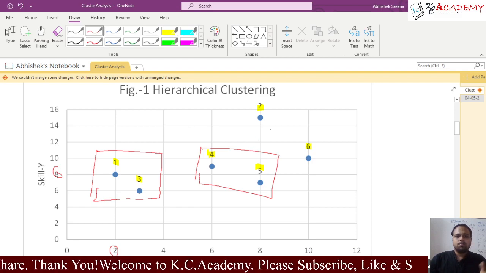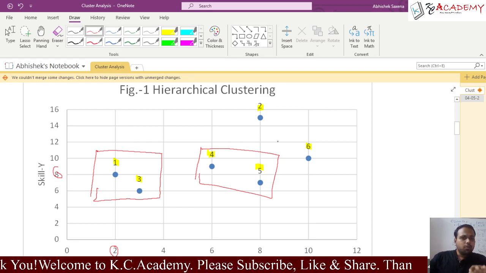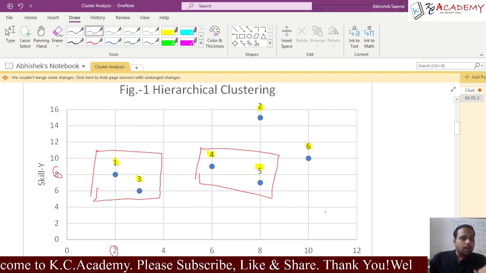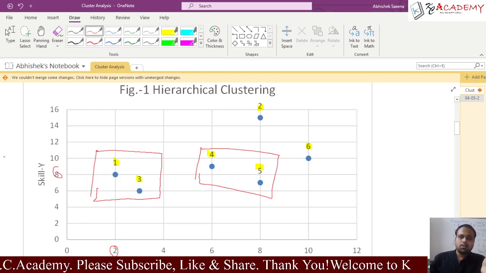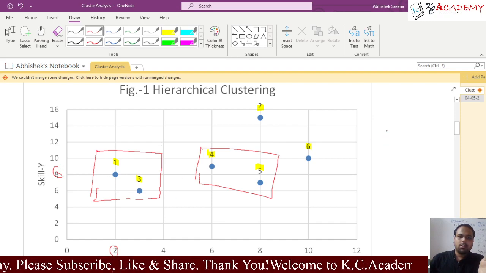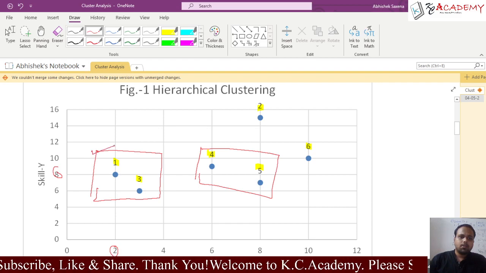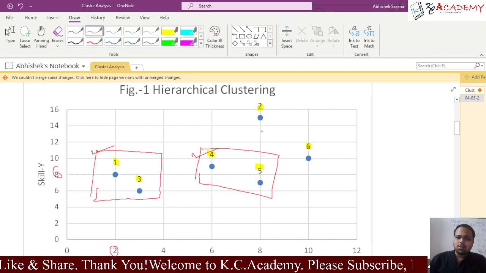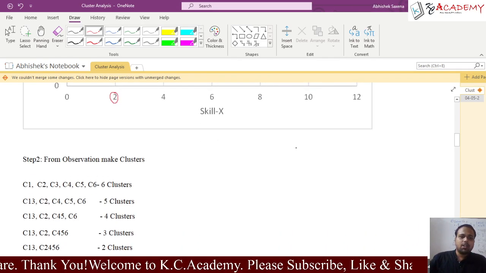So we will go in a particular way. You understood the aim: to group the data points. 1 and 3 are closer, 4 and 5 are closer, and 2 and 6 are closer, but we will not make them a group yet, because we will see further how it works.